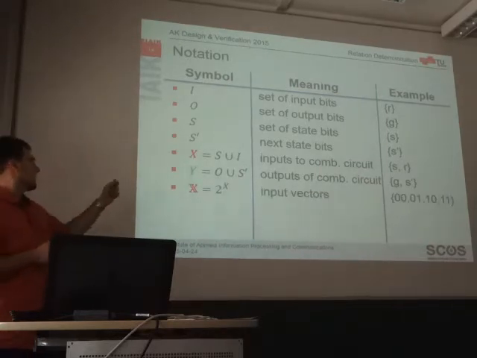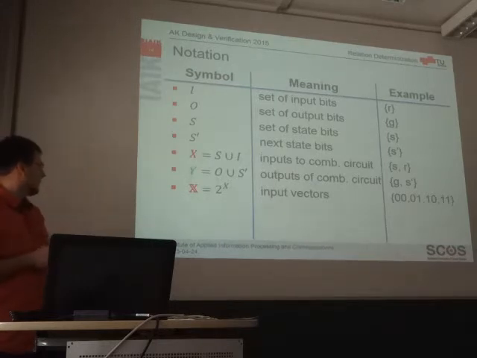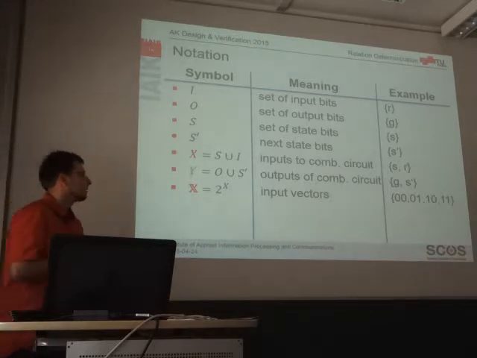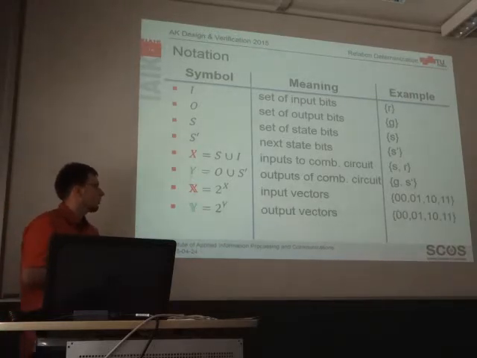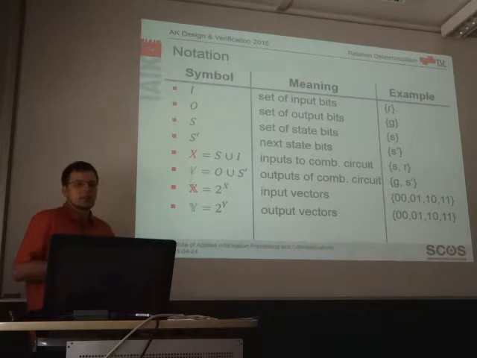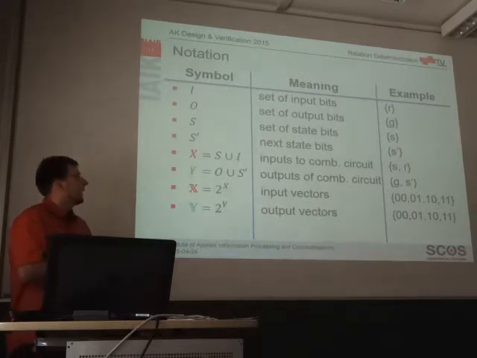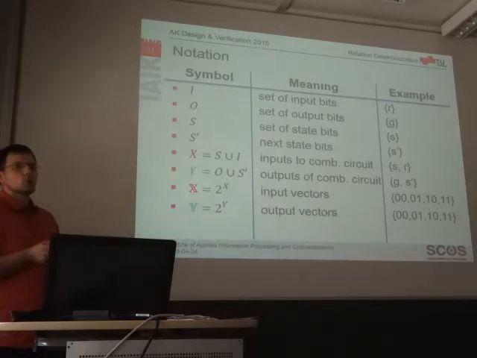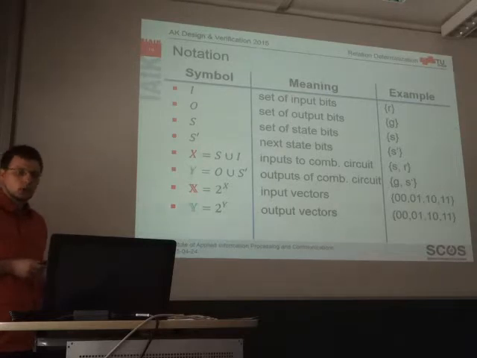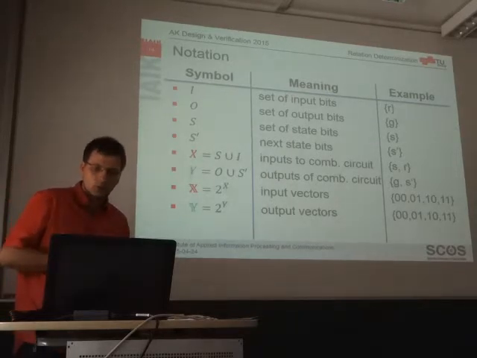And when we use this bold type of X, then what we actually mean is the set of all possible input vectors. And the same for Y. This will be the set of all possible output vectors. Again, in this usual notation where we say it's the power set of this one, and elements present correspond to a 1 and elements not present correspond to a 0, as we discussed in one of our earlier lectures.